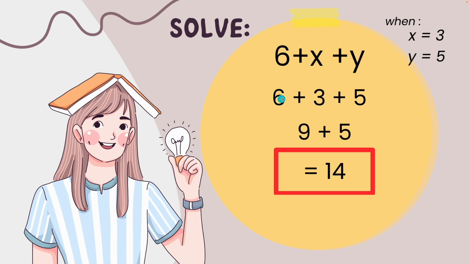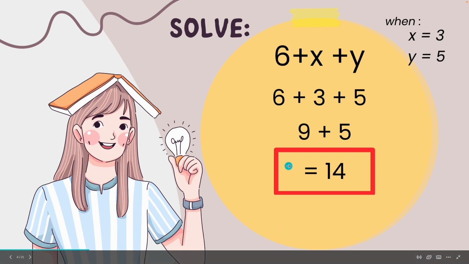So it will become 6 plus 3 plus 5. And then add the first two following the PEMDAS rule, but here we only have addition as our operation. So we have to add first the first two constants. We have here 6 plus 3, so that will be 9, and then add the remaining constant. So we have 9 plus 5, and that will be equal to 14.